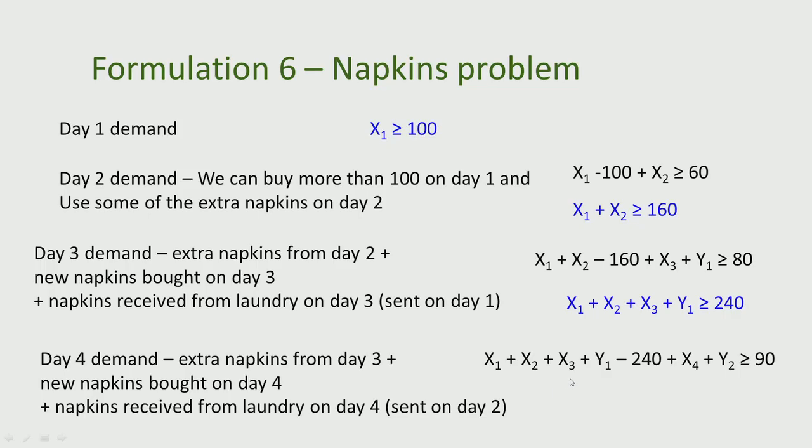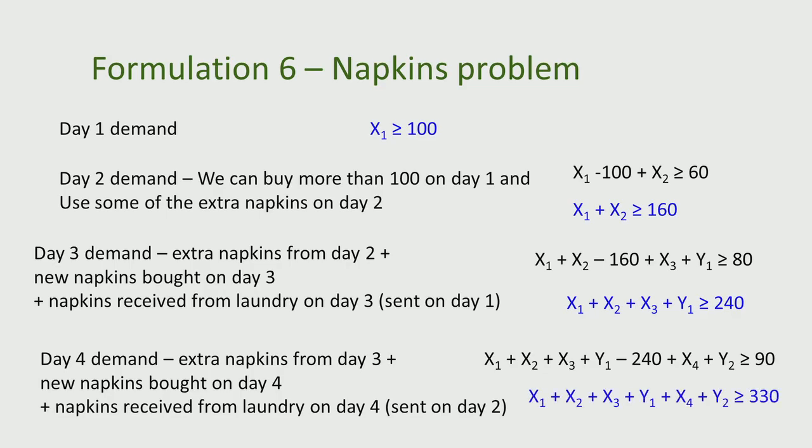So, the available napkins for day 4 are x1 plus x2 plus x3 plus y1 minus 240 plus x4 plus y2 should be greater than or equal to 90, which is the demand for the 4th day.